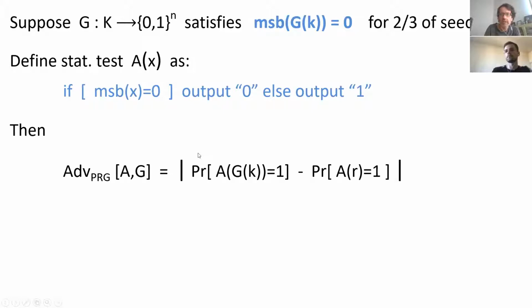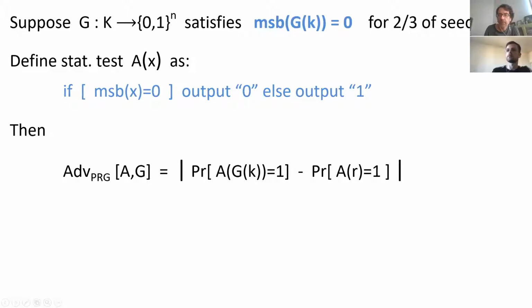Here is an example I skipped last time. Let's say that G has this property: if you look at outputs of G, then the most significant bit of these outputs is 0 for 2/3 of the inputs.